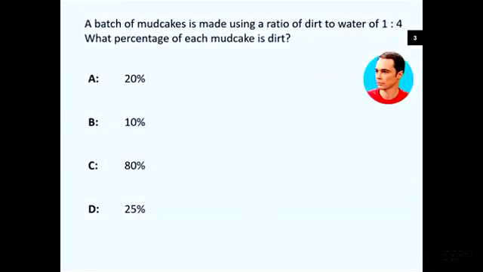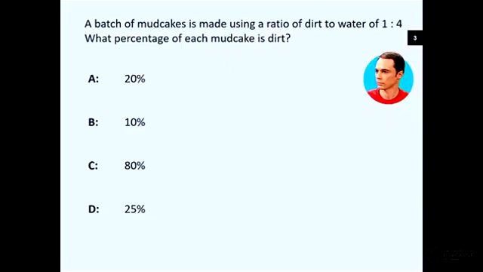So an example: a batch of mud cakes is made using a ratio of dirt to water of 1 to 4. What percentage of each mud cake is dirt? In this course I use Sheldon's head to say, slight trap, it is a bastard. You meant to say D, and then I meant to say you got it wrong, but you didn't.